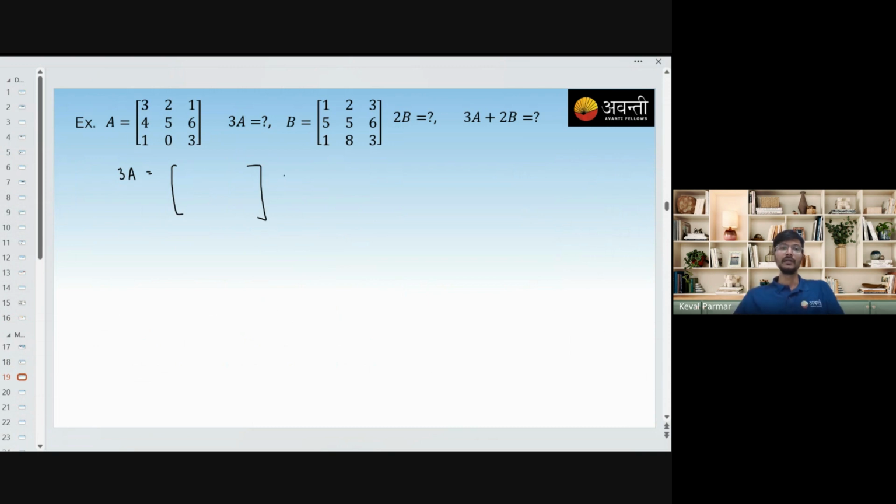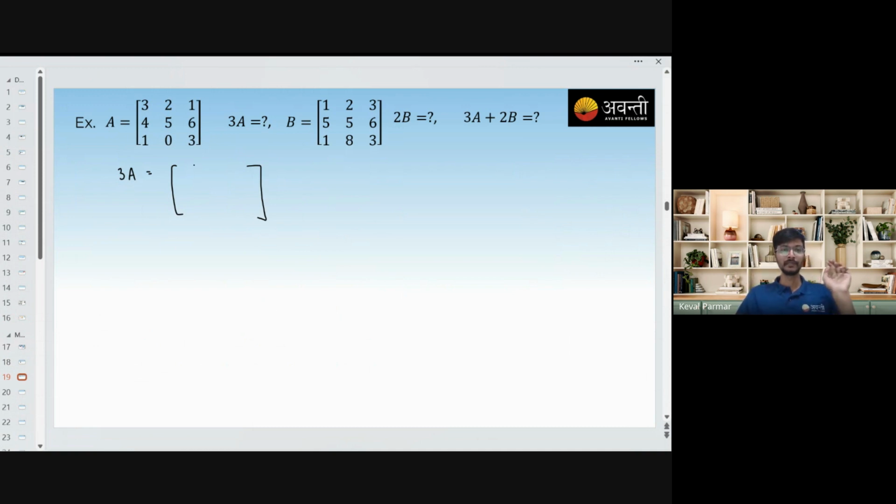That means if I multiply a matrix A with 3, every element will get multiplied by 3. But this is not the case in determinant. Please remember, in determinant, we can multiply only one row at a time.